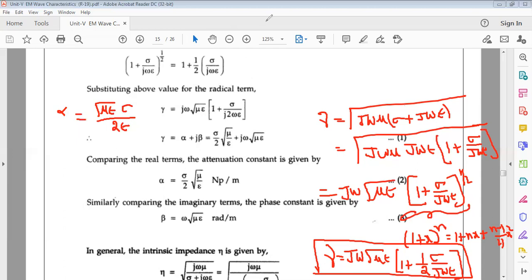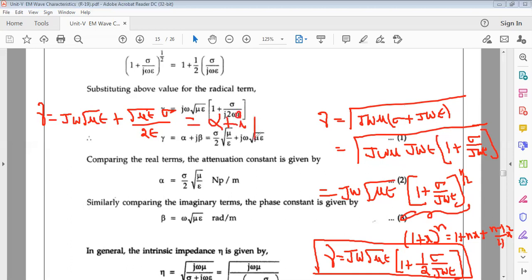Multiply the term here, gamma is equal to, first of all, j omega under root of mu epsilon plus, multiply here, j omega gets cancelled, under root of mu epsilon into sigma whole divided by 2 into epsilon. So gamma is equal to alpha plus j beta, where alpha is the real term and beta is the imaginary term.